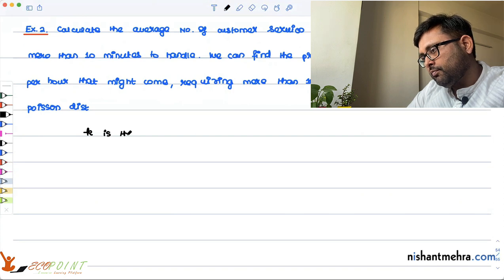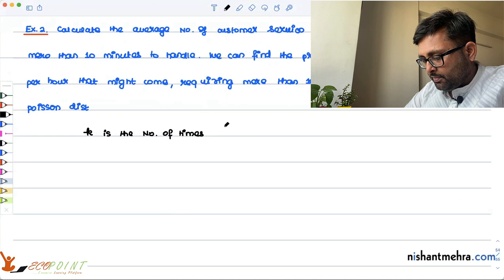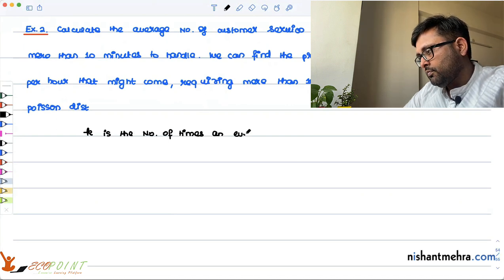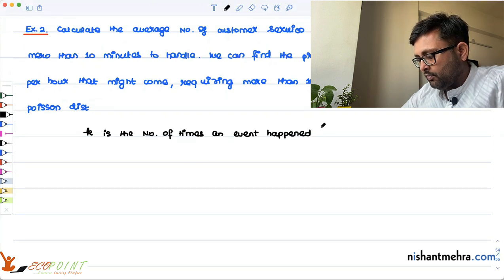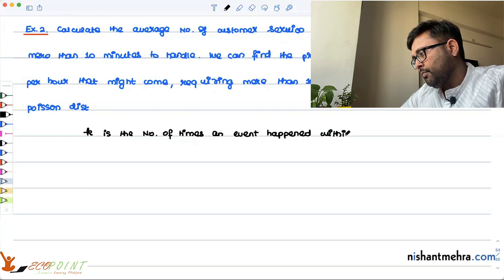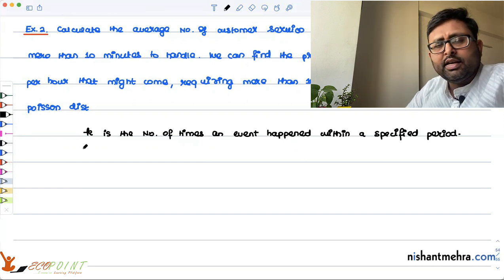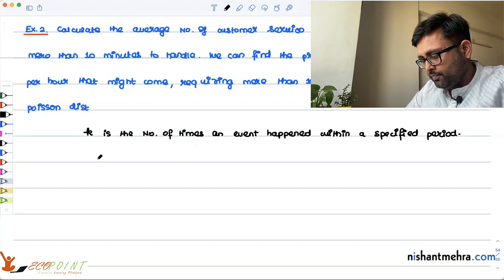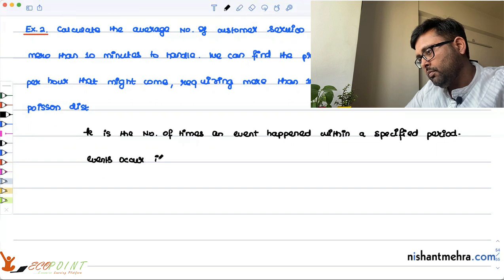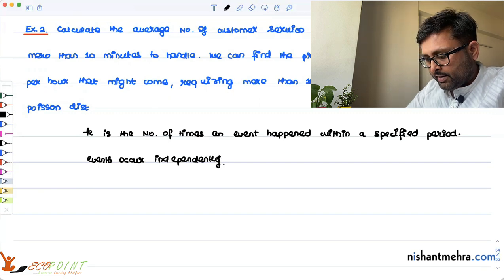So K is the number of times an event happened within a specified period, and these K are simple numbers 0, 1, 2, 3, 4, and so on. So events occur independently, right?